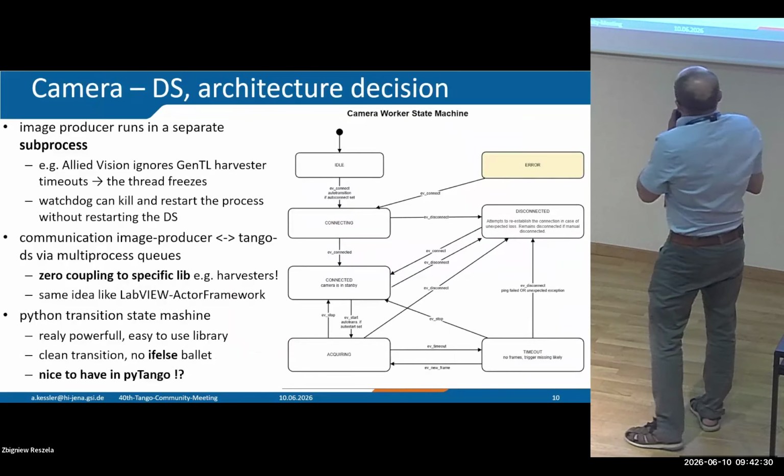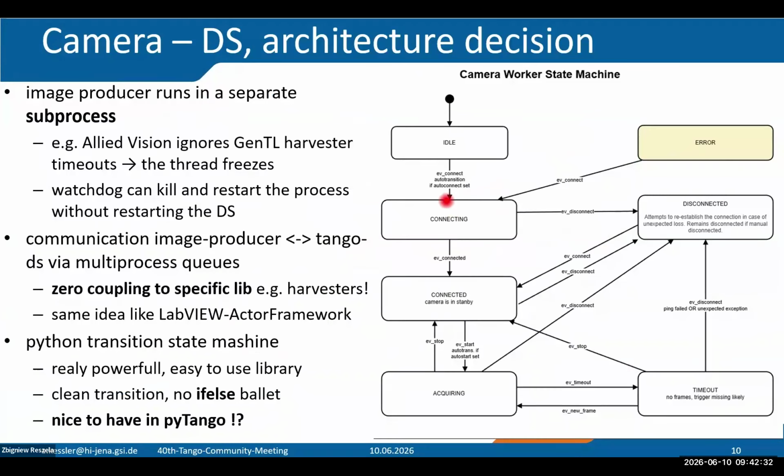So about the design of, for example, the camera device server. It sounds really nice as a GenTL harvester, so it should support all the cameras. But the devil hides in the detail.